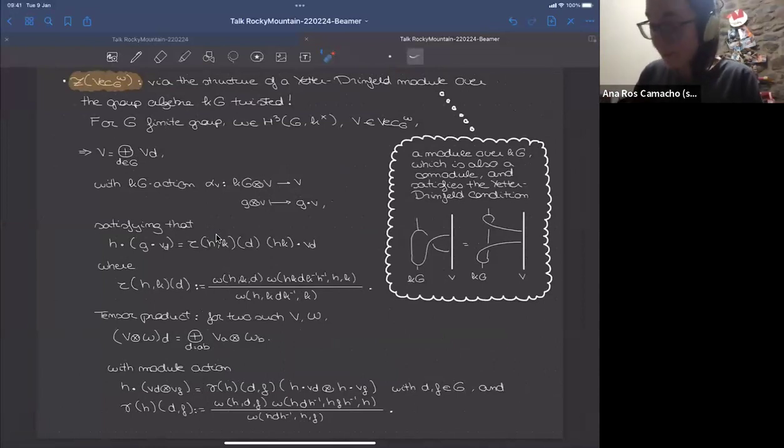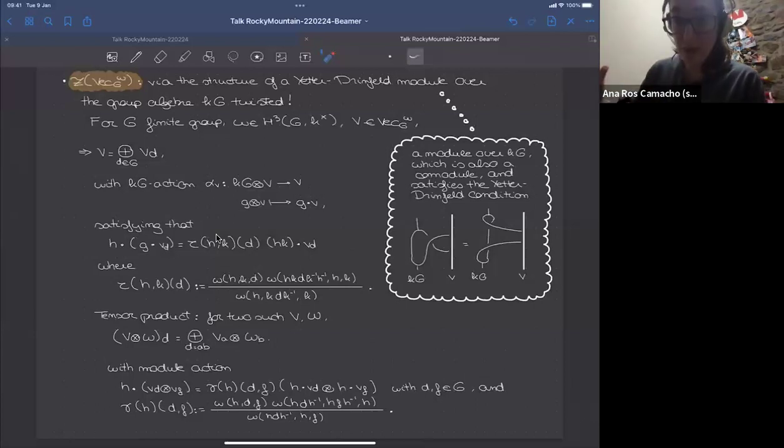Of course, I have told you how to see this using Vec omega and this half braiding associated to it, but in our case it was very useful to observe this category via the structure of the so-called Yetter-Drinfeld modules over a group algebra, and actually twisted, not exactly. I mean twisted because the action is tweaked with some cohomological data again.